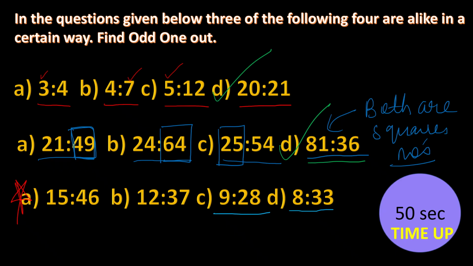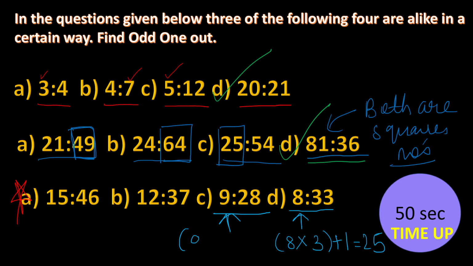Come from backwards. 8 is to 33 when you do 8 into 3 plus 1, that will give me 25 as the answer, which doesn't match with 33.